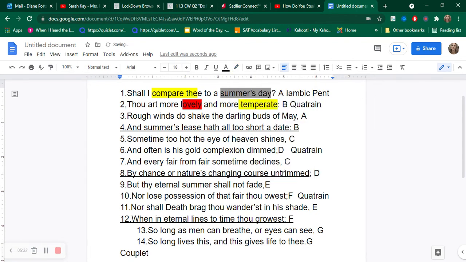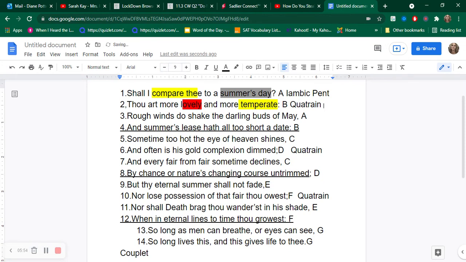Temperate comes from a Latin word, it's temp something. Tempo comes from that. Steady, even keeled, regular, not given to extremes. Maybe I'm going to make my notes a little bit smaller here.